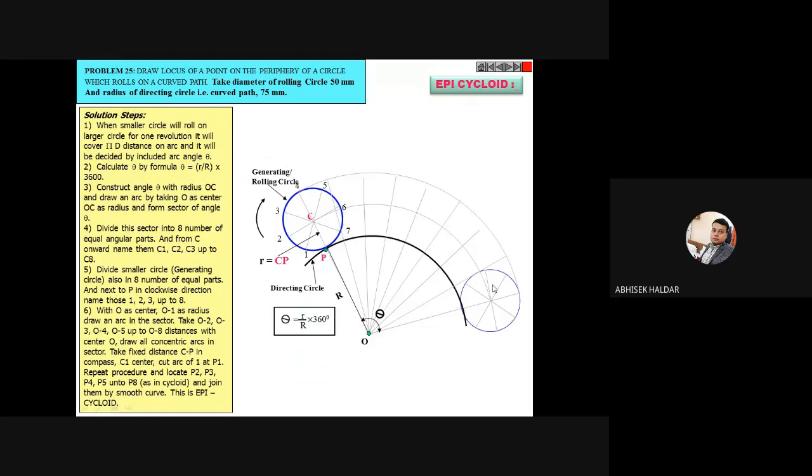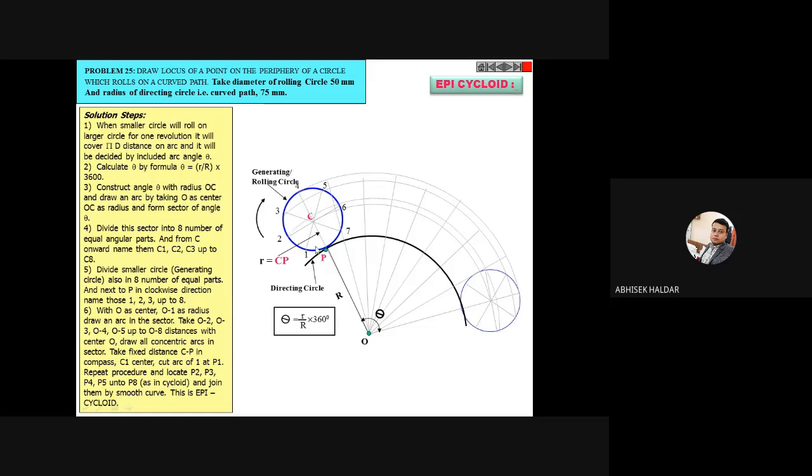Similarly, from all the points. This is the final circle, you may not draw this, no need. For the other curves, the center point will be O, O to 3 will be my radius, and whatever arc you draw should pass through 5. So 3 and 5 will be on the same arc, and complete the arc up to the end.